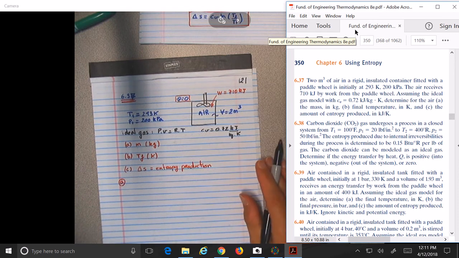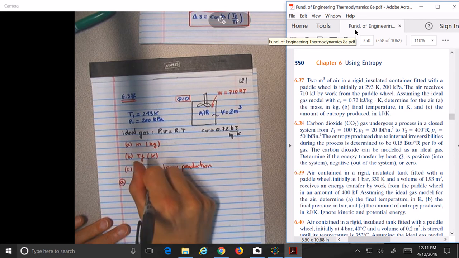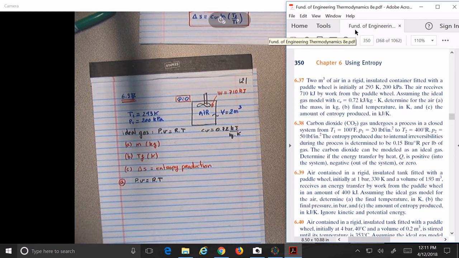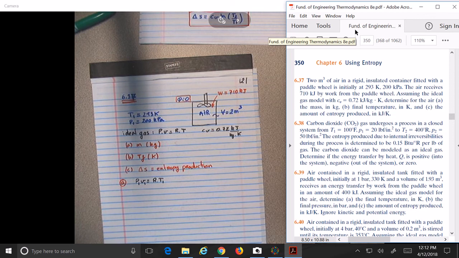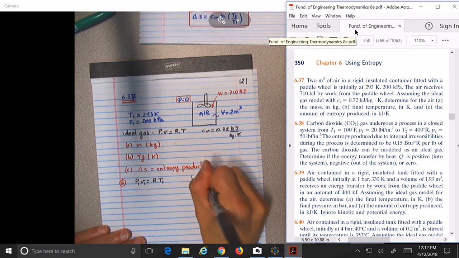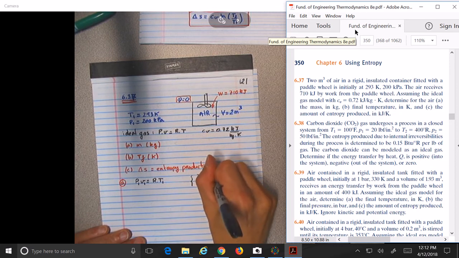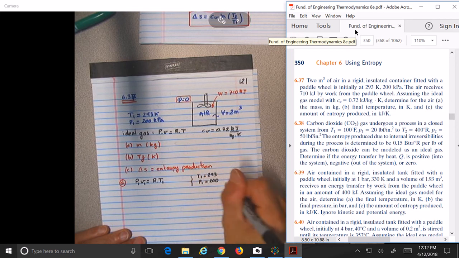But now that I see the volume, what is the ratio we can use? If we use the ideal gas relation, we use PV equal to RT, no? Do we know we can say P1 v1 equal to RT1, no? Yep. So do we know T1 and P1? T1 is 293, P1 is 200.